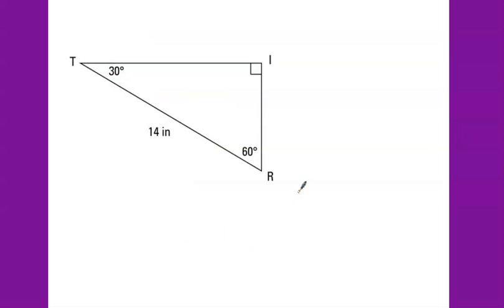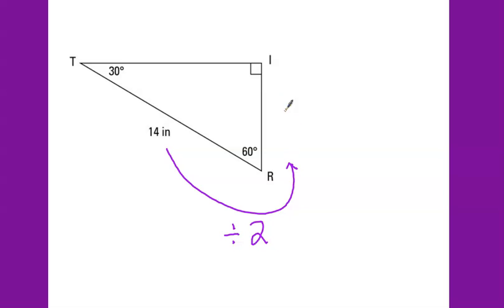Here's a 30, 60, 90 triangle. For this, we're always aiming to get back to the short side. So the short side is the one opposite the 30-degree angle. Here I have the hypotenuse. Going from the short side to the hypotenuse, your factor is always 2. If I'm going from the hypotenuse back to the short side, I'm dividing by 2.